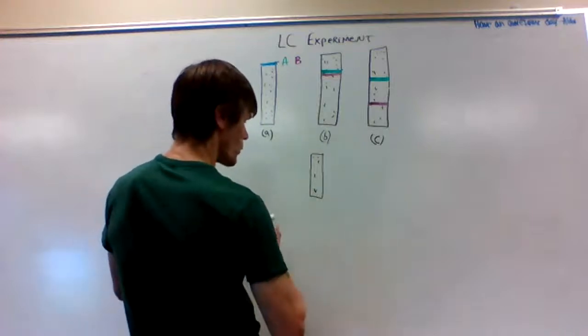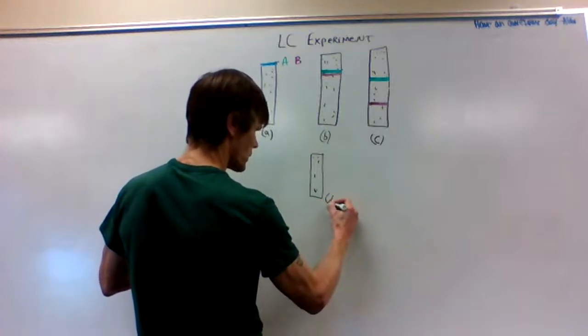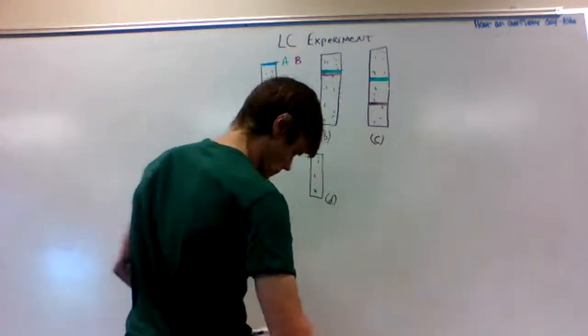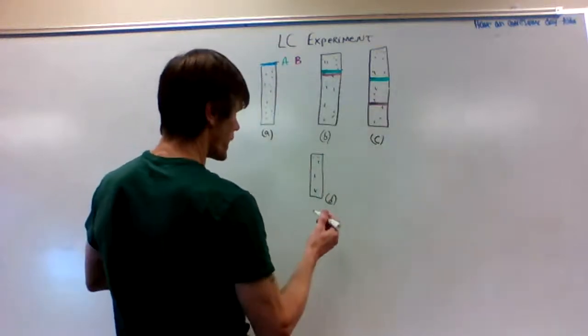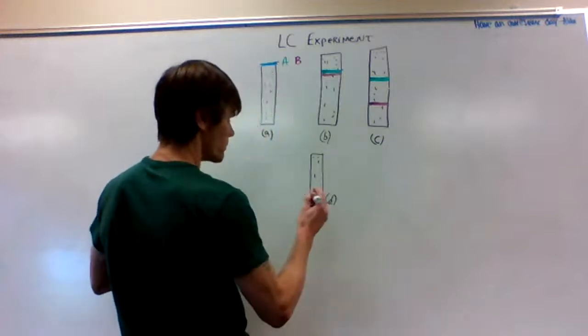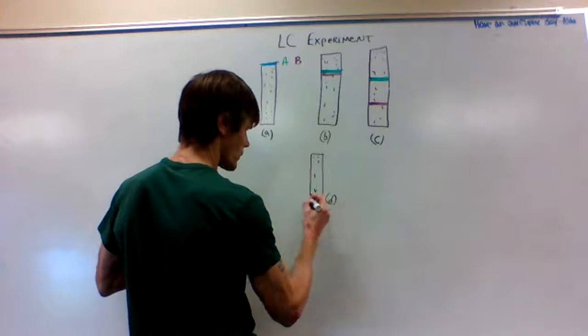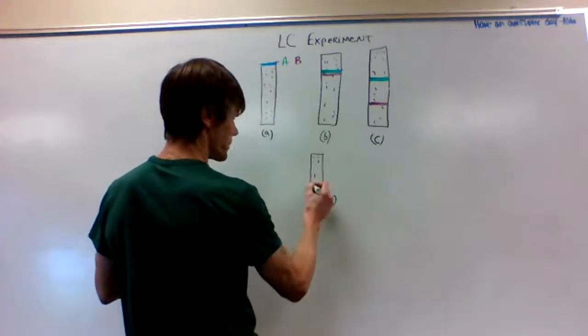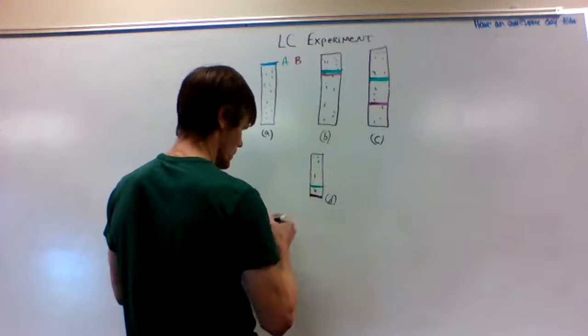So we can collect in our final stage, we'll call this D. In this stage, we would have B coming out, A still on the column to some small extent up here higher.